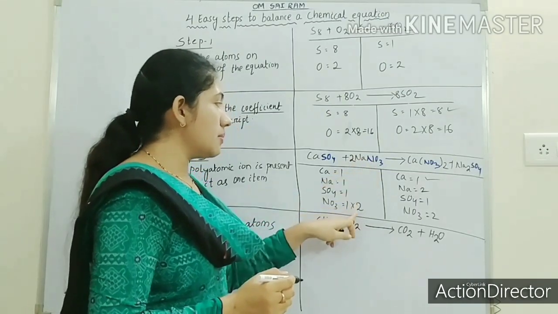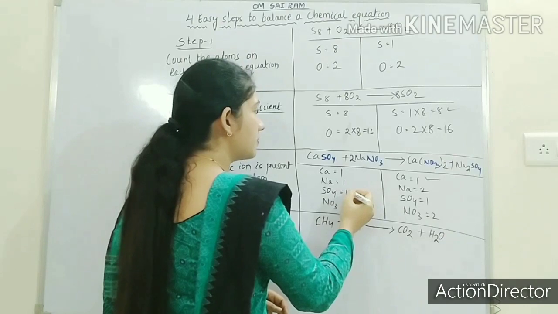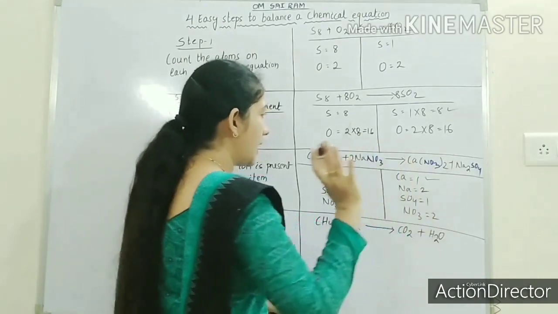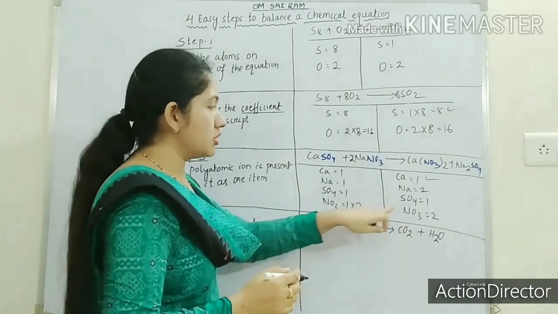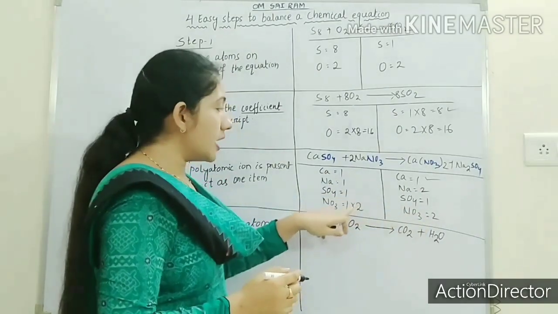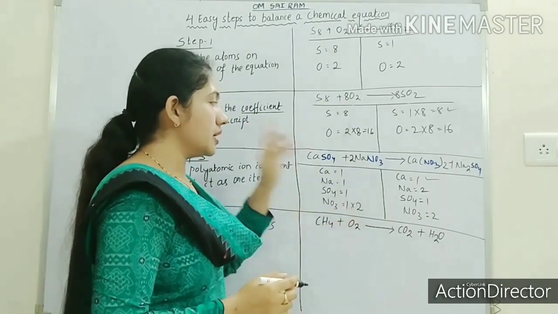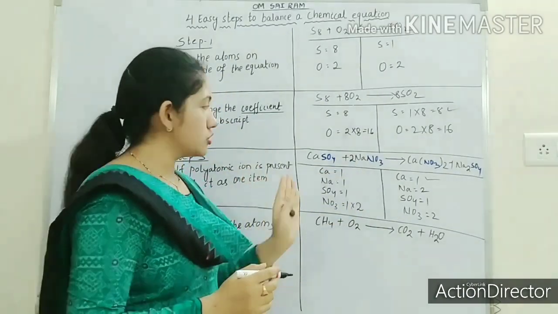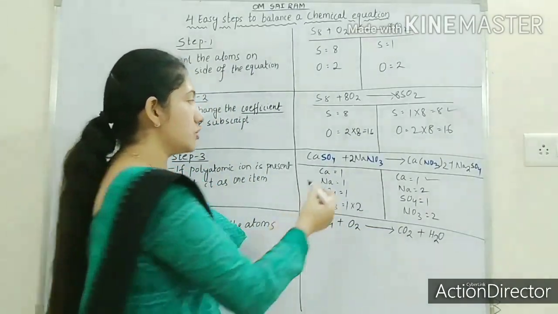So 2 NO3. Sulfur is already balanced. Now NO3 is balanced because this side it has 2 and earlier it was 1. So now this is the balanced chemical equation.